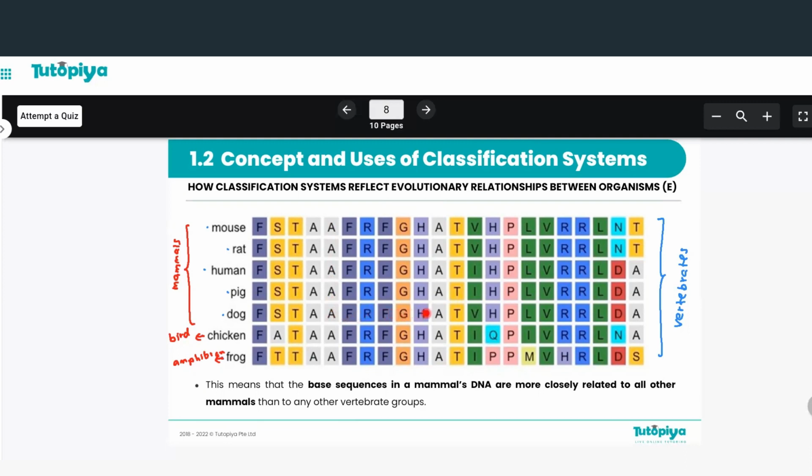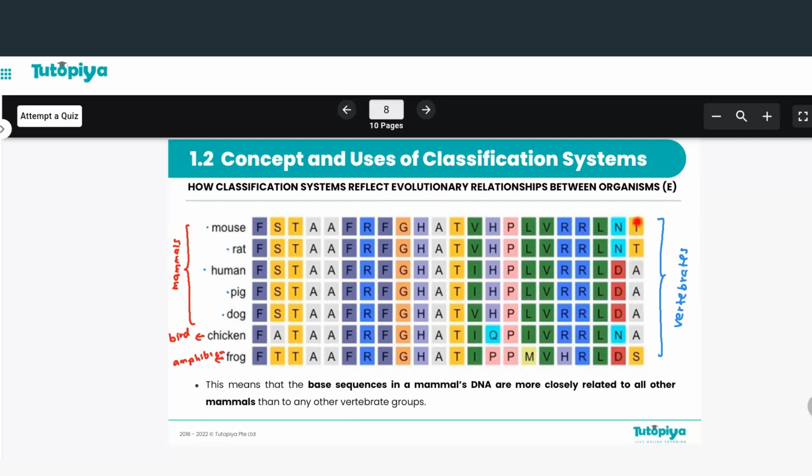Similar base sequences all the way, except maybe at this point, there are few variations in the base sequences at one particular point. Apart from this, all the base sequences of all these mammals, and apart from this point and this point, all the base sequences are exactly similar.